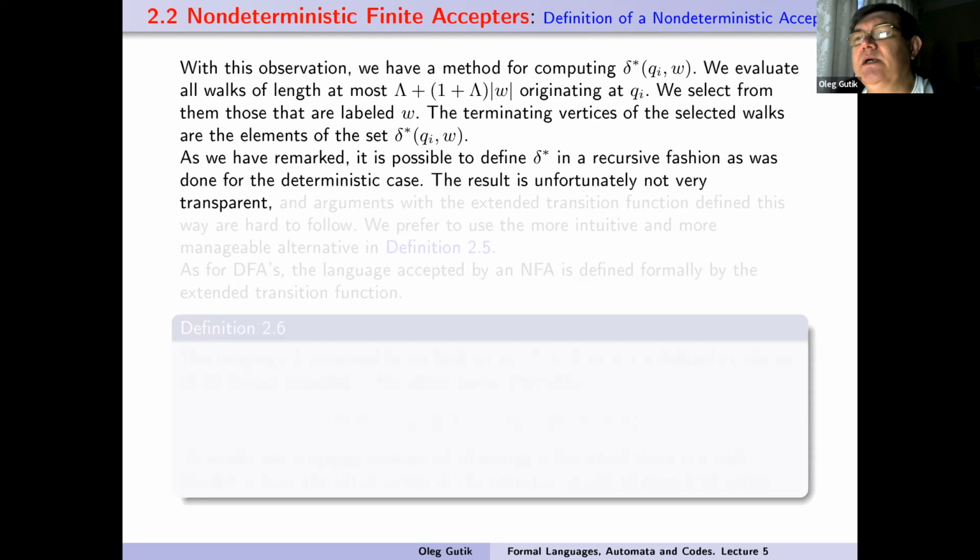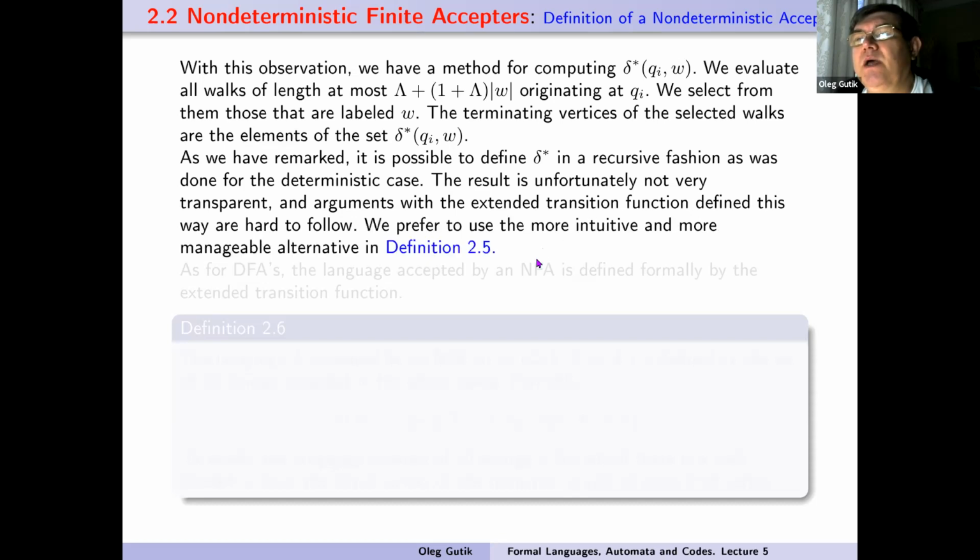The result is unfortunately not very transparent, and arguments with an extended transition function defined this way are hard to follow. We prefer to use the more intuitive and more manageable alternative in Definition 2.5.